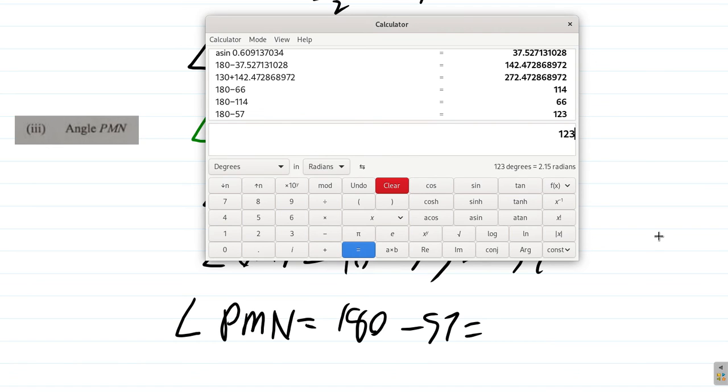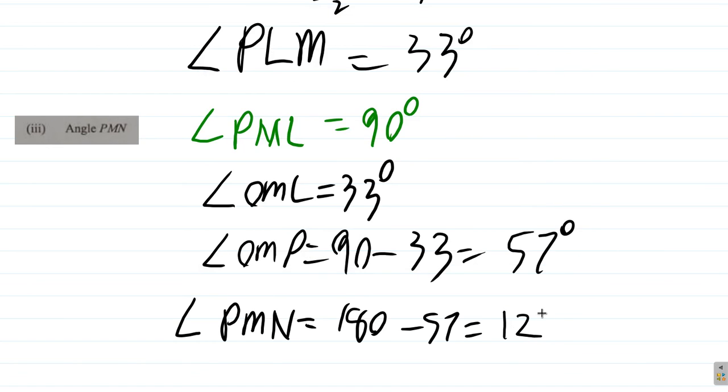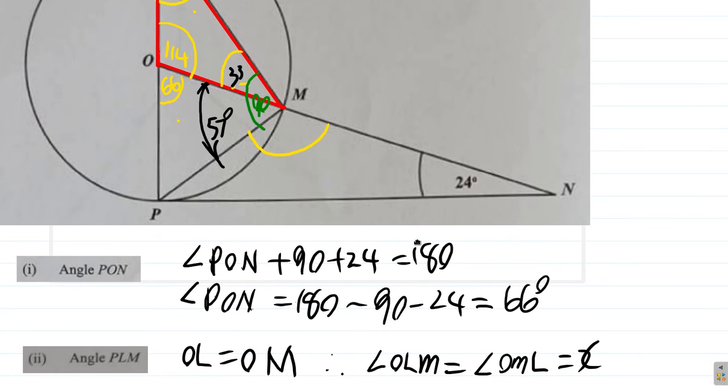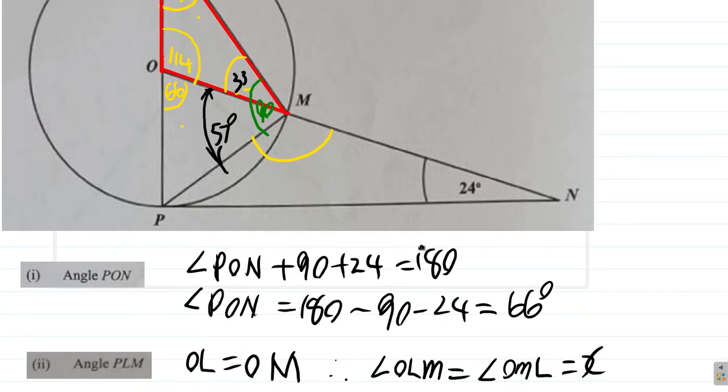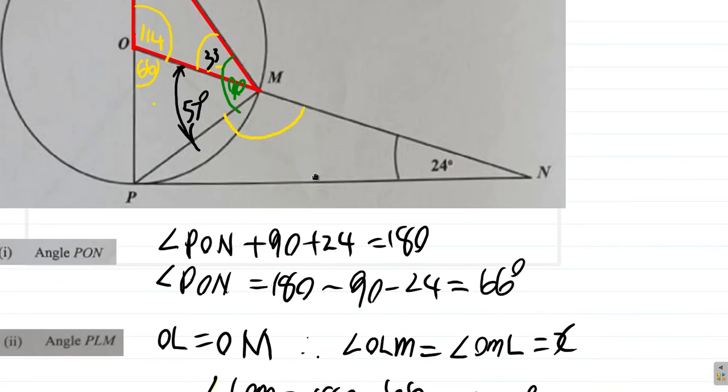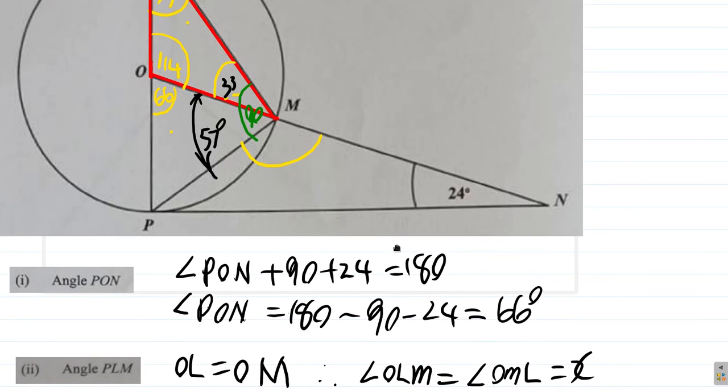So we have 123 degrees here. So PMN is 123 degrees, 123 degrees that we have here.